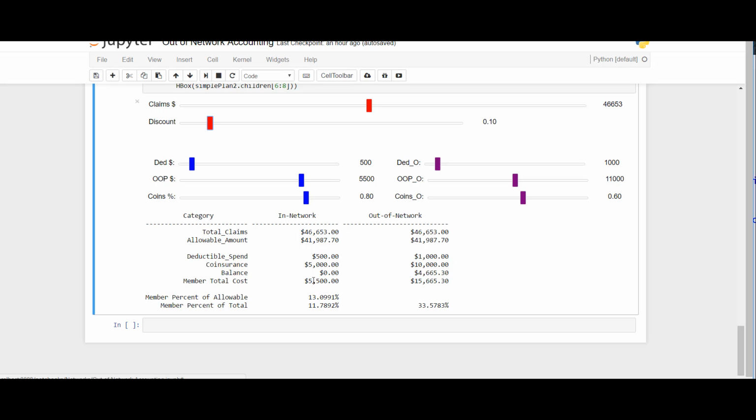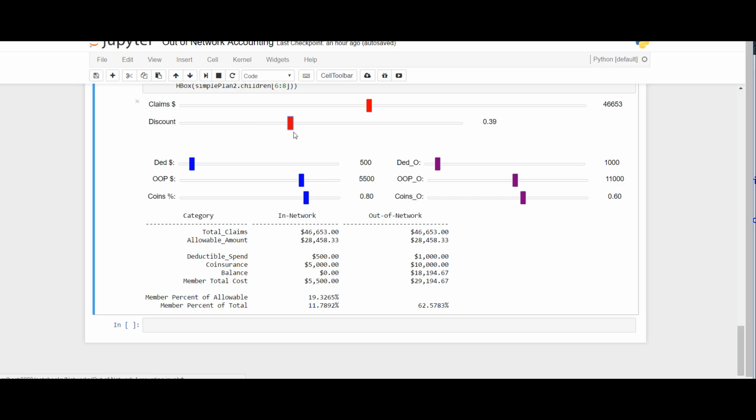Well, for the member, your total cost under $46,000 would be the same out-of-pocket maximum, that $5,500. But in-network, or out-of-network, I'm sorry, your total out-of-pocket costs are $15,000. And rather than move the claims, let's toy around with the provider discount and just pay attention to this member total cost section and watch how much your costs go up.